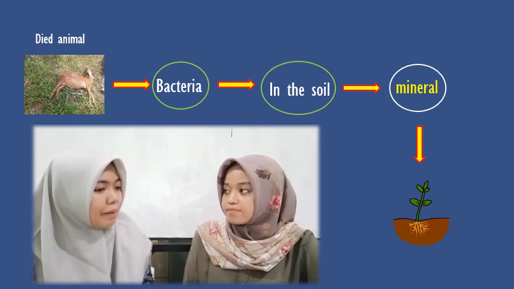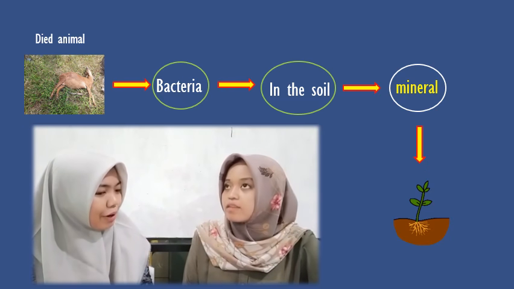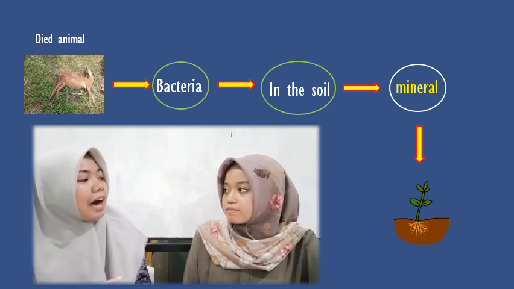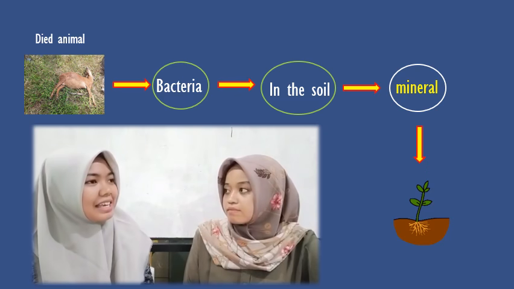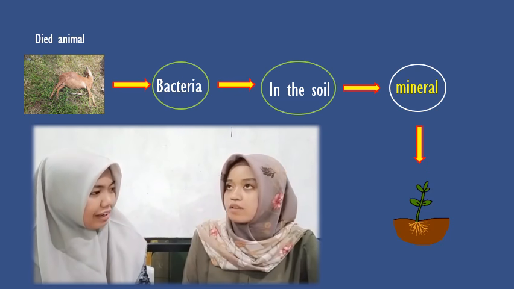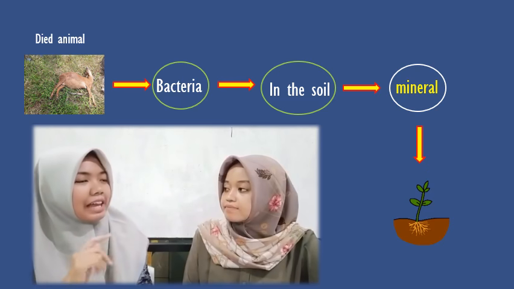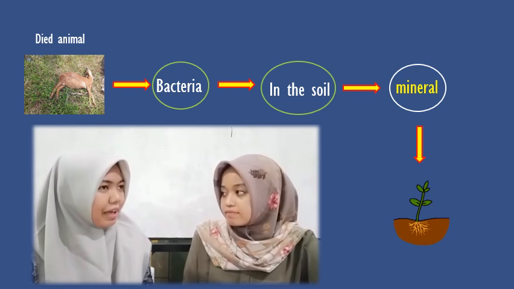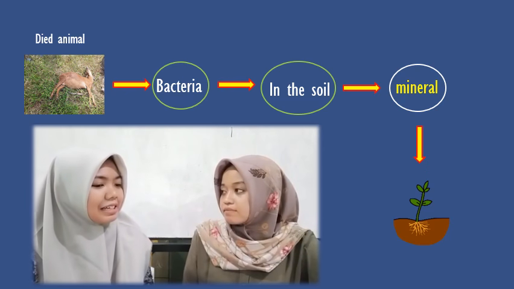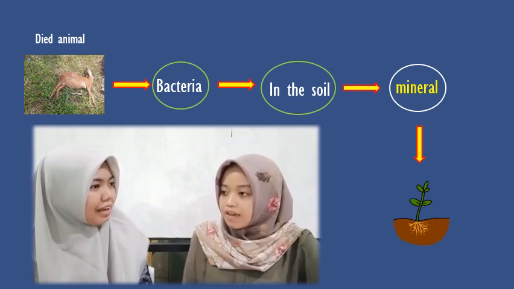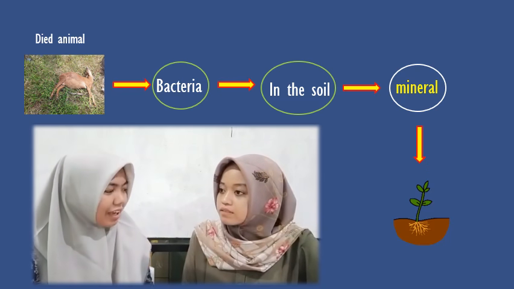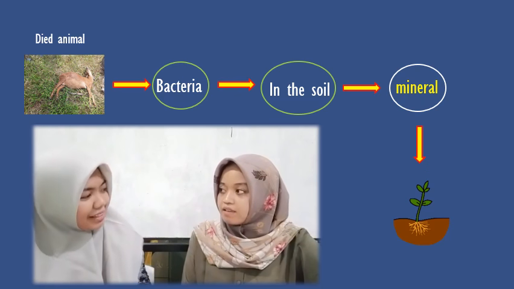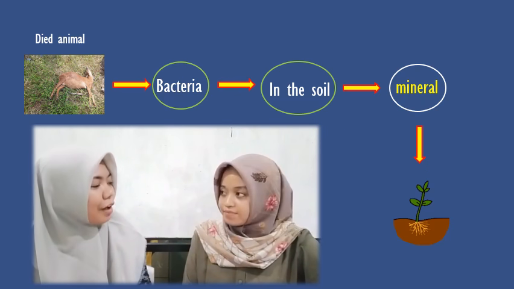They do it by releasing enzymes onto the matter. For bacteria or fungi inside the soil, the compost of this animal or organism can make minerals, and they will be absorbed again by the plants. That is why plants can grow again and develop.